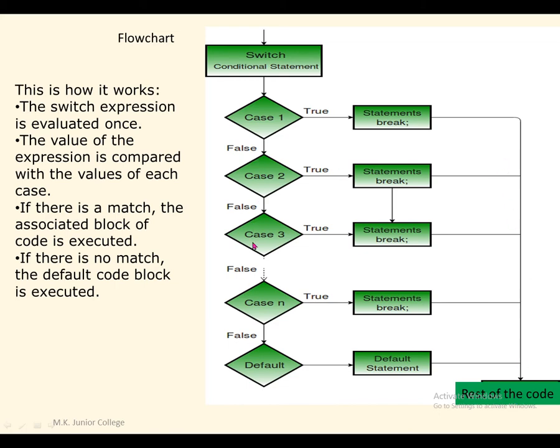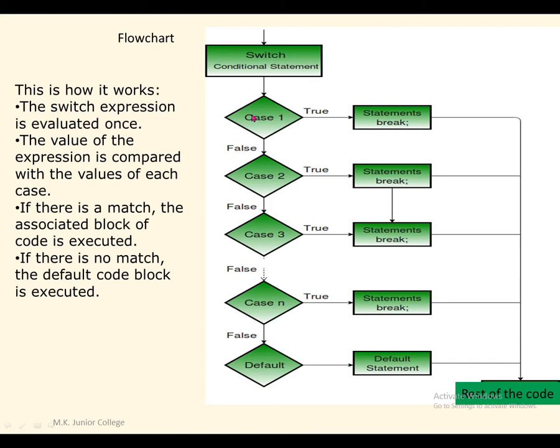It will not go here. If this case is not performed, then it goes to the next case. See, in this way. Again, switch and then conditions. Whatever conditions you are giving, it will first match with case 1. If it matches case 1, then it goes to the true part.